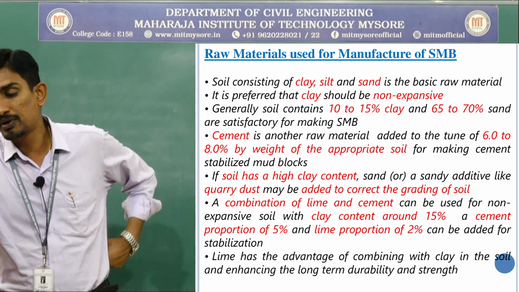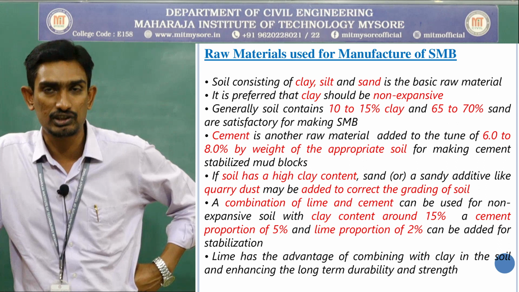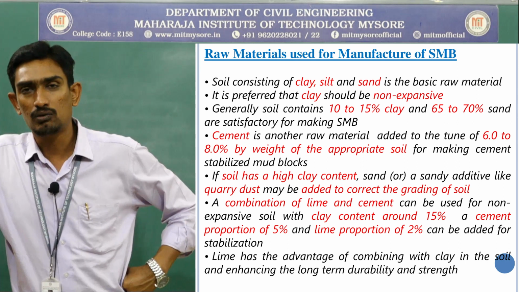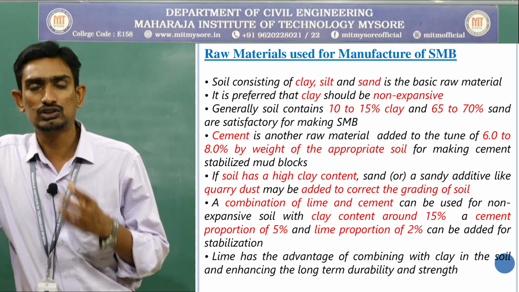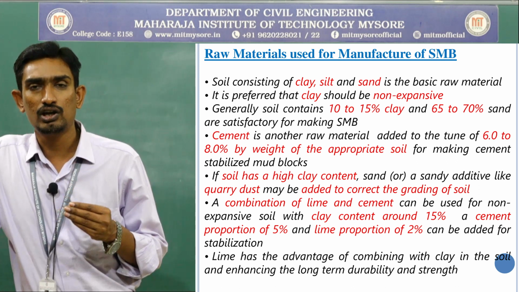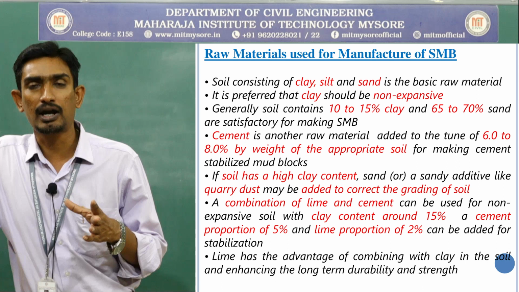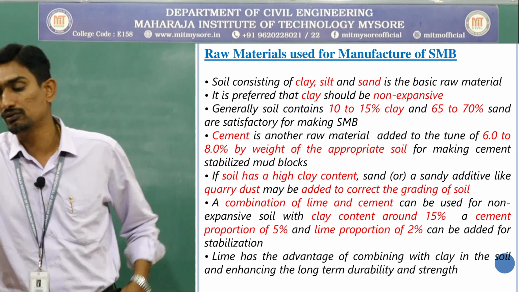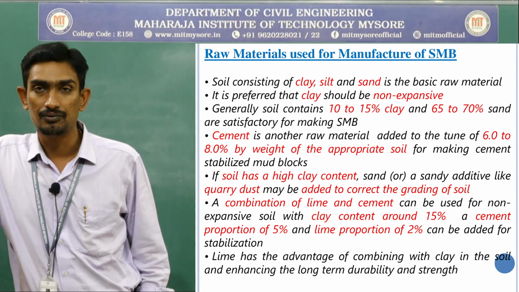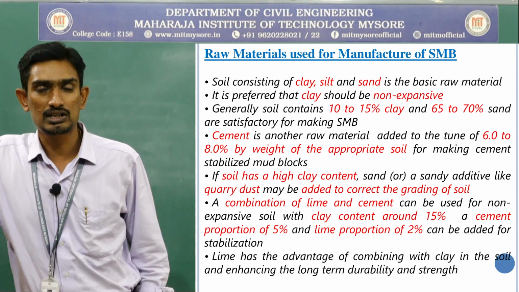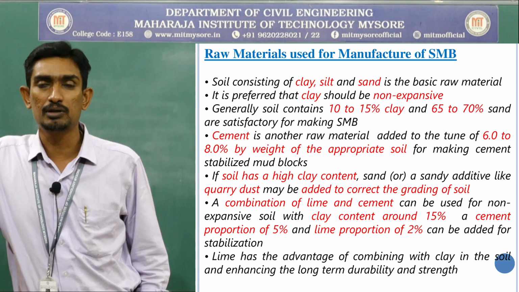Next, it is preferred that the clay should be non-expansive. Whatever soil we are using comprises clay. That clay should be non-expansive, meaning it should not contract or expand. Next, generally the soil contains 10 to 15% clay. How much percentage clay and how much percentage sand has been mentioned.